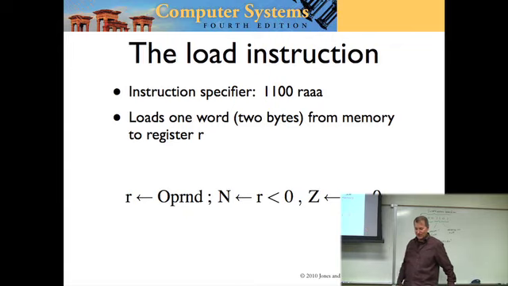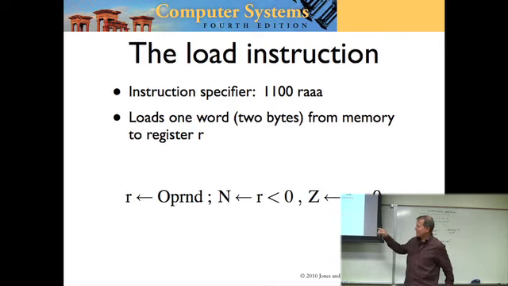What did we say about the R? If R is 0, it goes to the accumulator. If R is 1, it goes to the index register. Remember that?